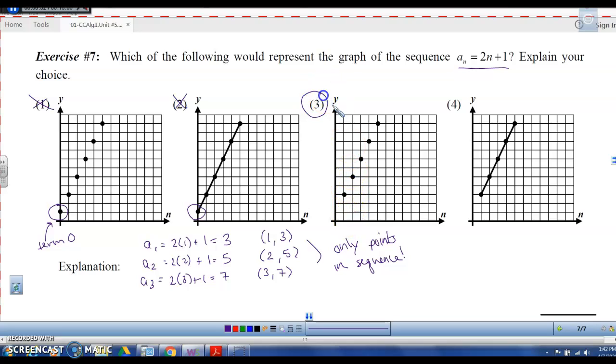So it's got to be number 3. This one does not include all points between term numbers. Okay, so the answer to this one will be number 3.